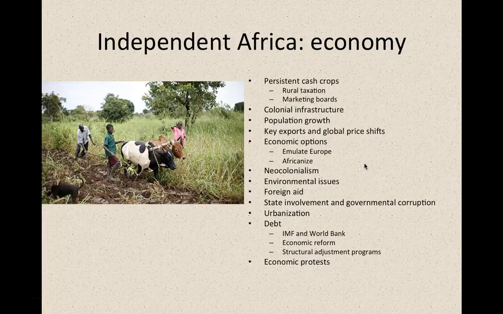And there were two. I'm going to skip down actually to this point down here, the economic options. There were two options for this. I mean, this is oversimplifying things, but just follow me here.